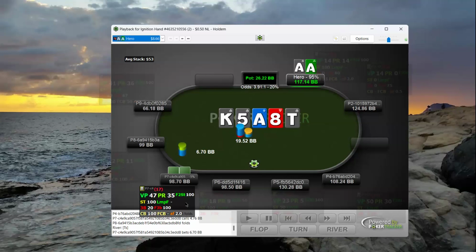Then we've got to think, if we raise, what is he going to call with on a three-to-a-flush board with an ace and a king? The answer would be two pair. We're blocking a lot of the two pair. He does have aces and fives, doesn't have any tens. The size of his bet drove me to say, okay, I think I can value raise here. If he had bet half pot or more, I feel like then I need to just call.